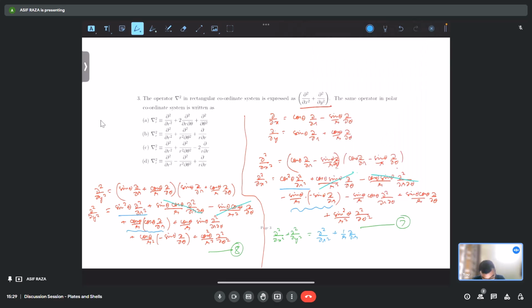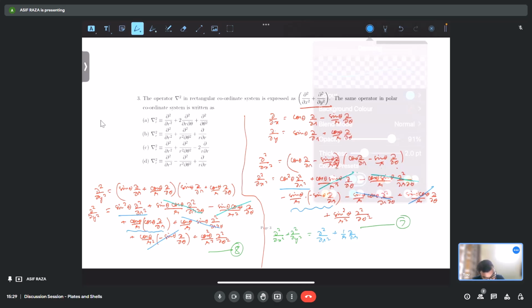Now, minus sinθ cosθ/r² ∂r/∂θ, so this cancels out with this, and plus sinθ cosθ ∂θ, so this cancels out with this.